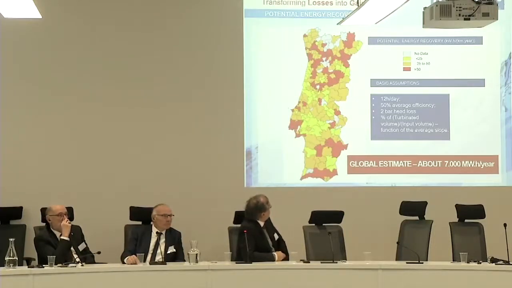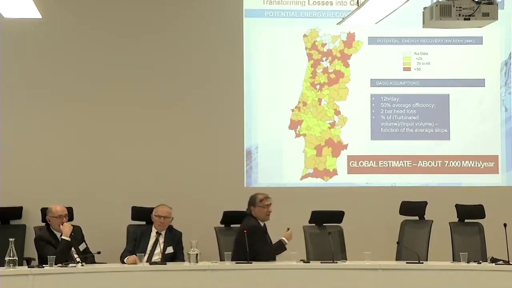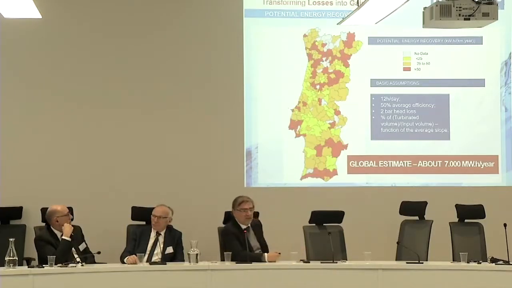This is a global estimate, and this image shows where the places are that would produce more. As you can see, this would produce more because of the slope, and here because of the consumption. Unfortunately, in Portugal, where we have the great slope, you don't have the great consumption.